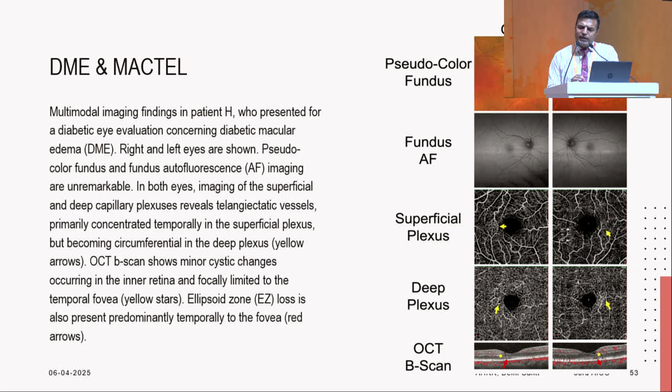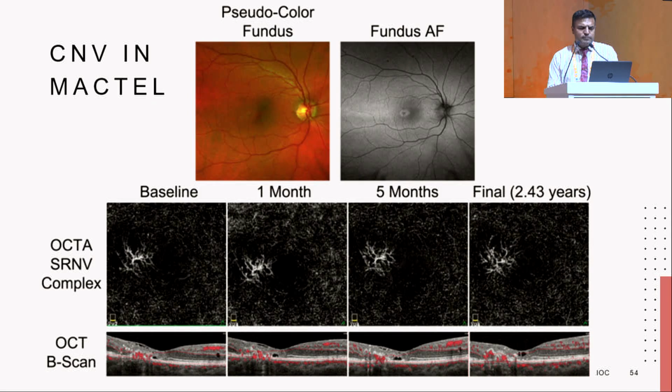But if you had access to OCT angiography and you notice a temporal splaying of vessels on SCP, or the presence of these fine telangiectatic vessels on deep capillary plexus, you can make a diagnosis of MACTEL-2 and stop treating this disease. Mind you, MACTEL-2 is more common in diabetics and it is more frequent than we usually document.